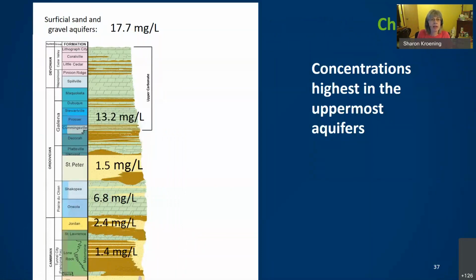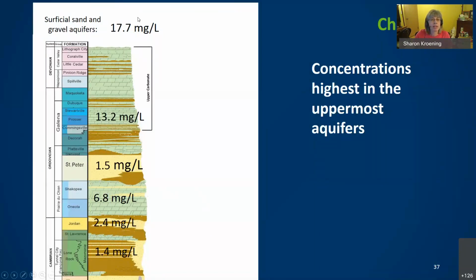This slide here shows the median chloride concentration in the superficial sand and gravel aquifers and in many of the bedrock aquifers that are present in southeastern Minnesota. And this slide again is based on data from 2013 to 2017.